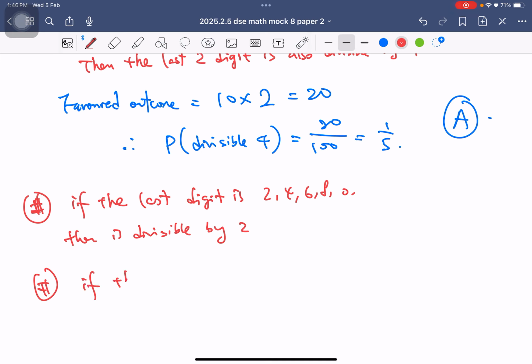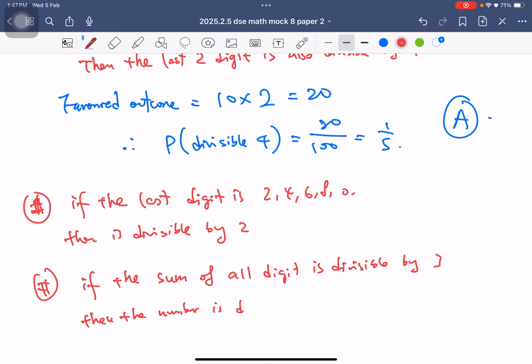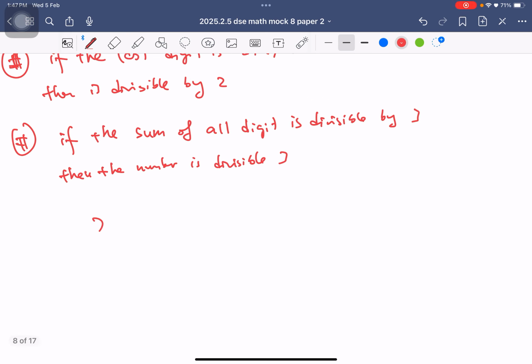If the sum of all digits is divisible by 3, then the number is divisible by 3. What does that mean? So for example, 23456. Is this divisible by 3 or not? No, it's not.